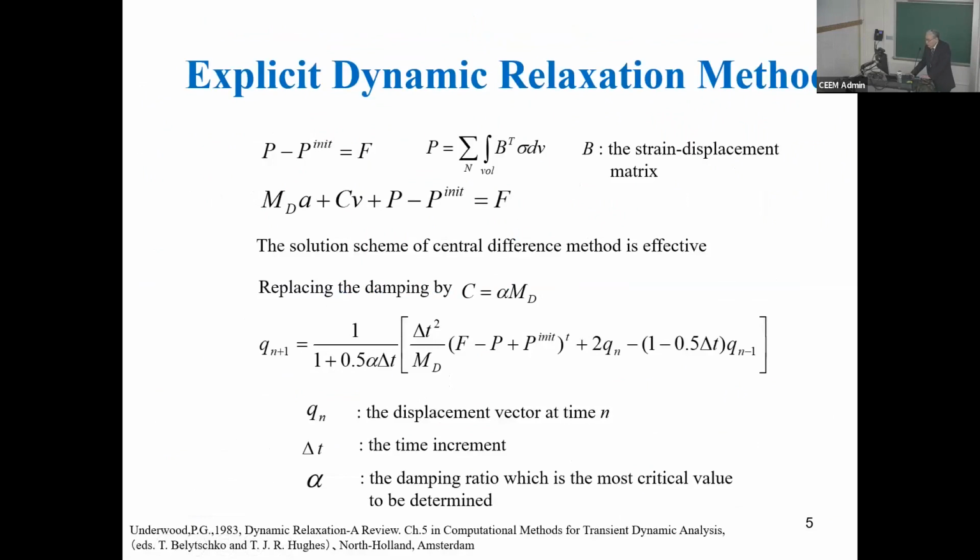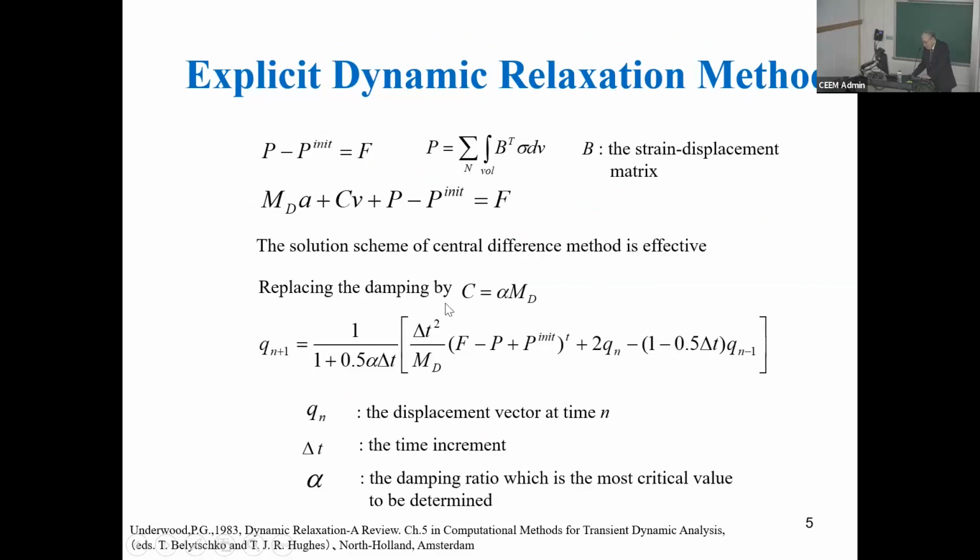So, explicit dynamic relaxation method. In this equation, P is given by the strain displacement matrix B and sigma. So, internal force. And M, D, A is acceleration. The solution scheme of central difference method is effective.